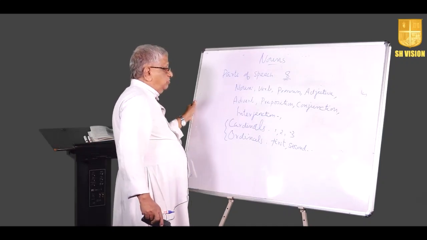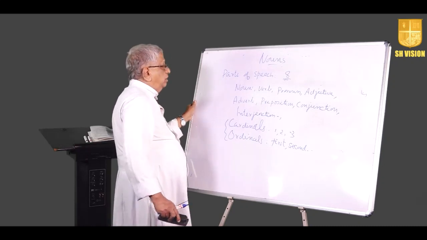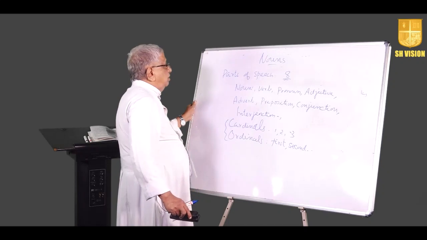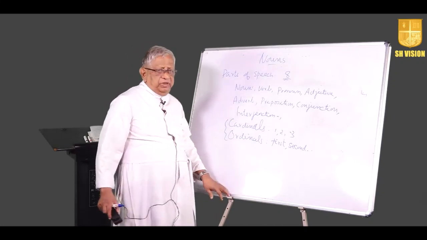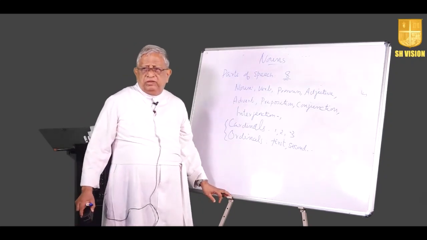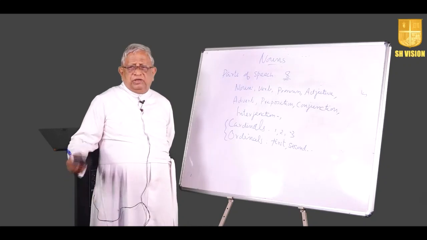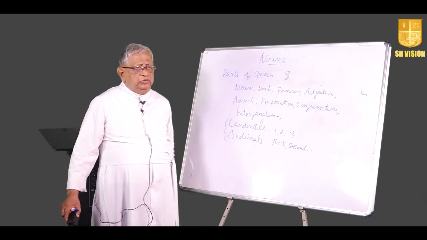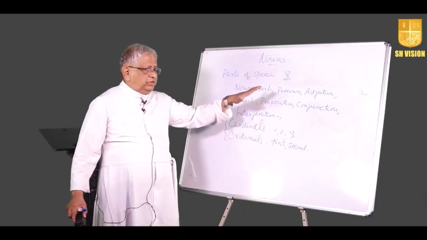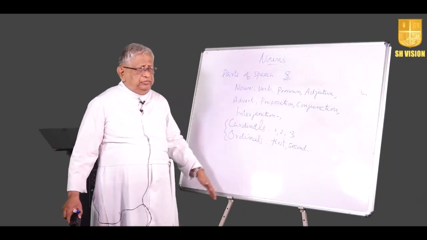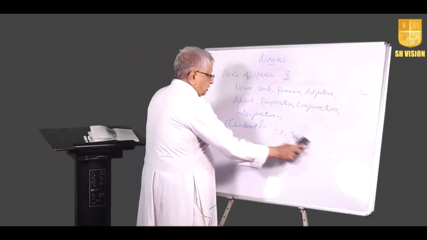Cardinals is the numbers 1, 2, 3. Ordinals is first, second, third, etc. So if you take a text, a paragraph or a page of any language, different types of words are there. You categorize them into this scheme. Beyond that, there are no other words.